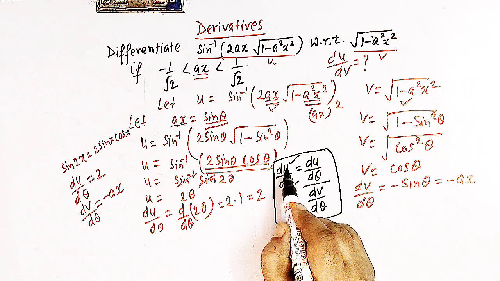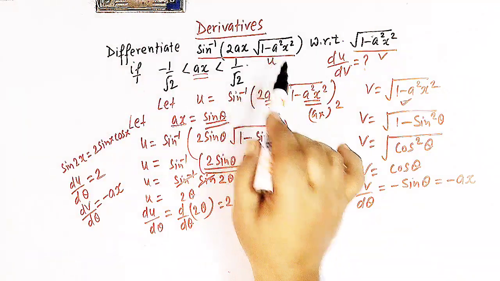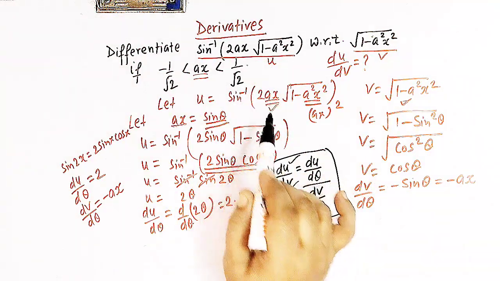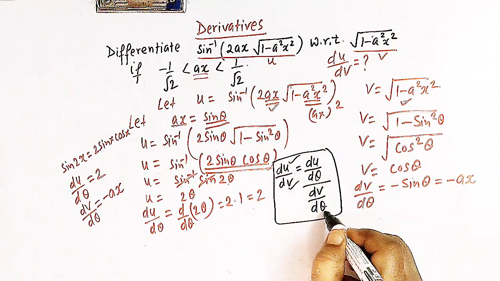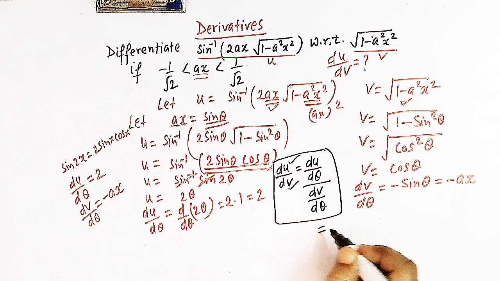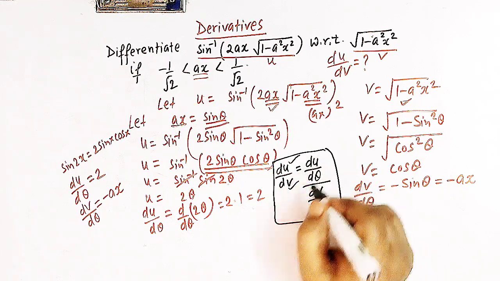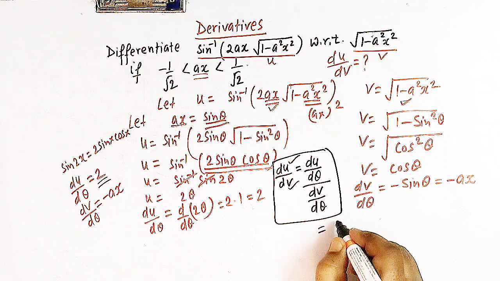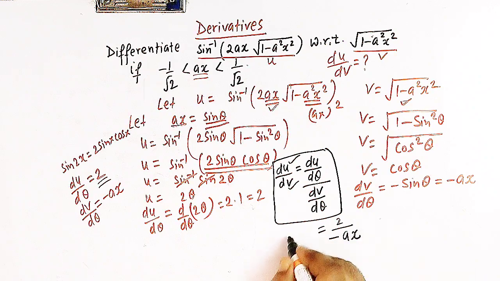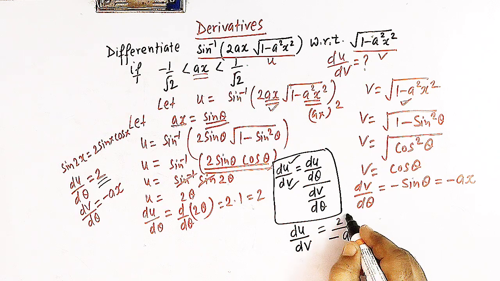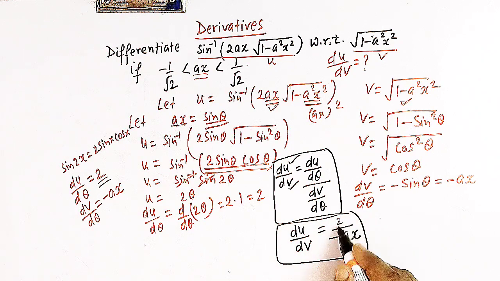First we find the derivative of u with respect to theta, and then the derivative of v with respect to theta. Now we can substitute du over d theta as 2 and dv over d theta as minus ax. So the derivative of u with respect to v is given by 2 divided by negative of ax.